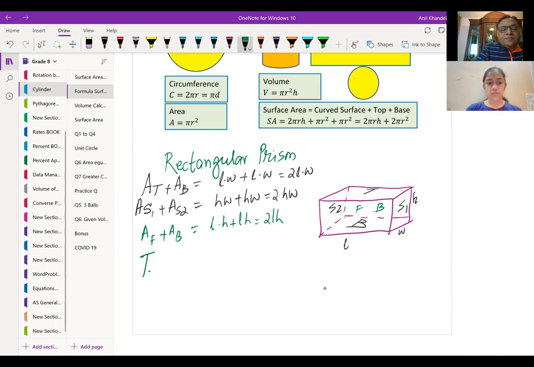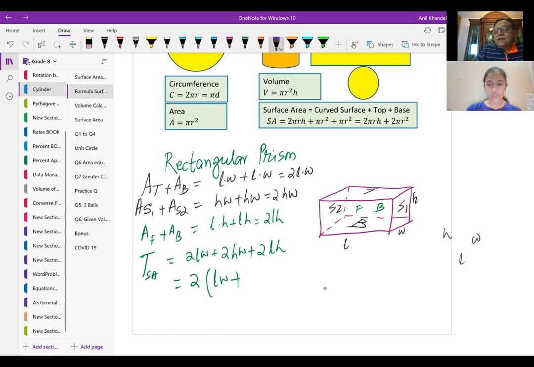So we say total surface area, add them all, right? 2 times length width plus 2 times height width plus 2 times length and height. Is it okay? So that becomes the total surface area. You can also factor out 2 and arrange it in a proper way. As you can see, easy to remember. We're talking about length, width, and height, correct?